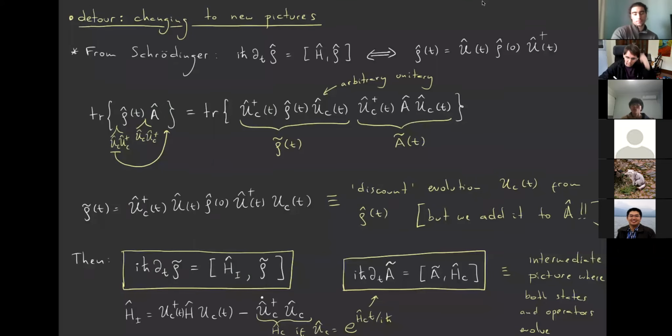However, as I have explained, in this case, operators evolve trivially. So you have to take into account that they evolve, but you know how they evolve because the Hamiltonian has been chosen by you.